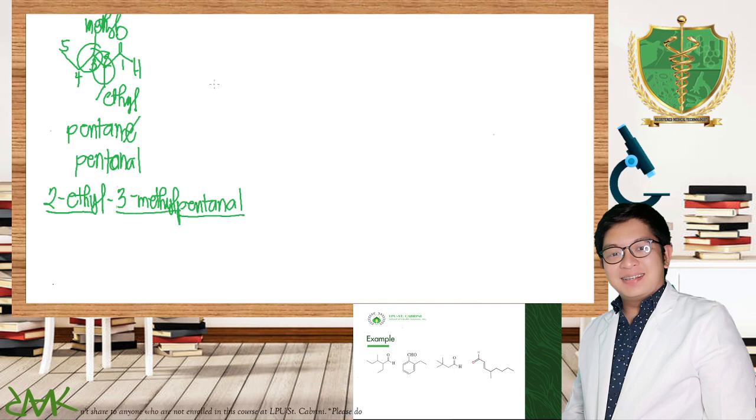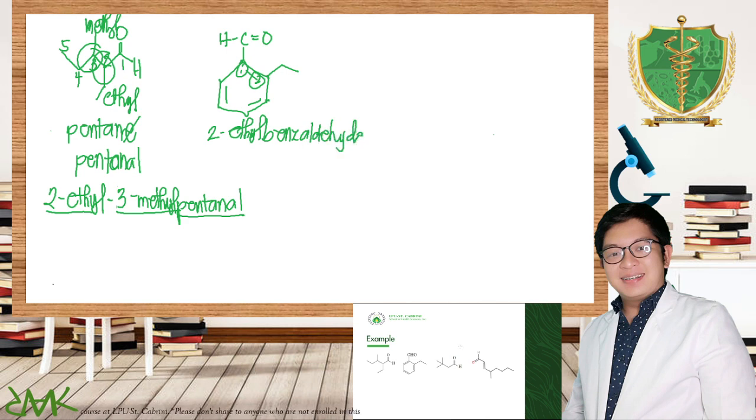How about the next structure? We have this, our benzene ring, right? We have here our C double bond O H, and that is how it looks like. And then we have here an ethyl group. So again, this is our carbon 1, carbon number 2, 2-ethylbenzaldehyde. Next, we have like this.